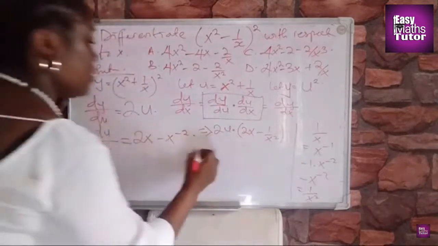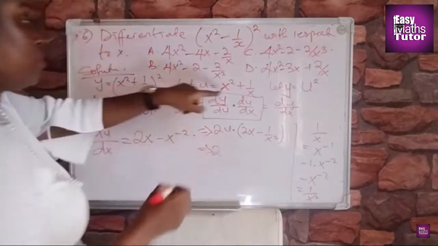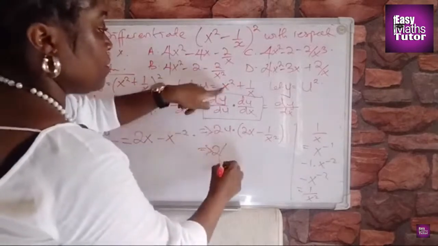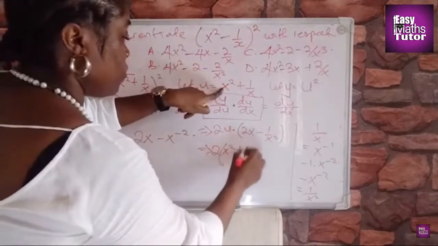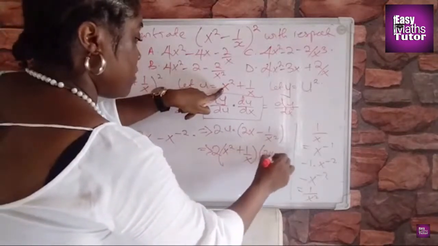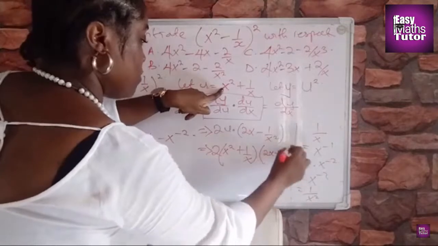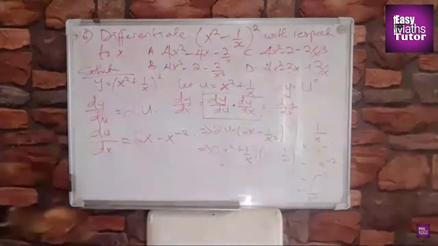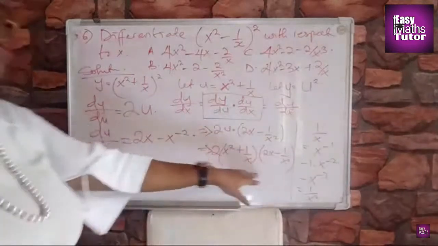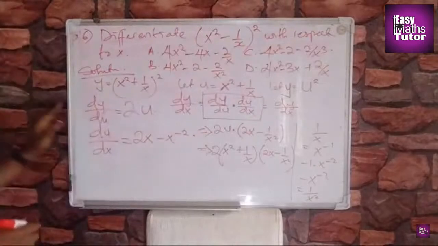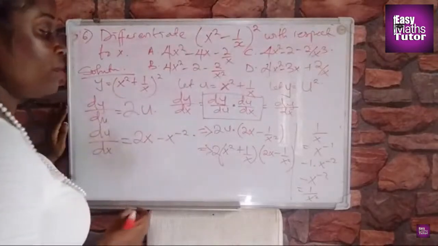Remember that this is u, so put this u back here. That's 2 times x squared plus 1 over x, times 2x minus 1 over x squared. So if we expand this function, hopefully we're going to get one of these options.